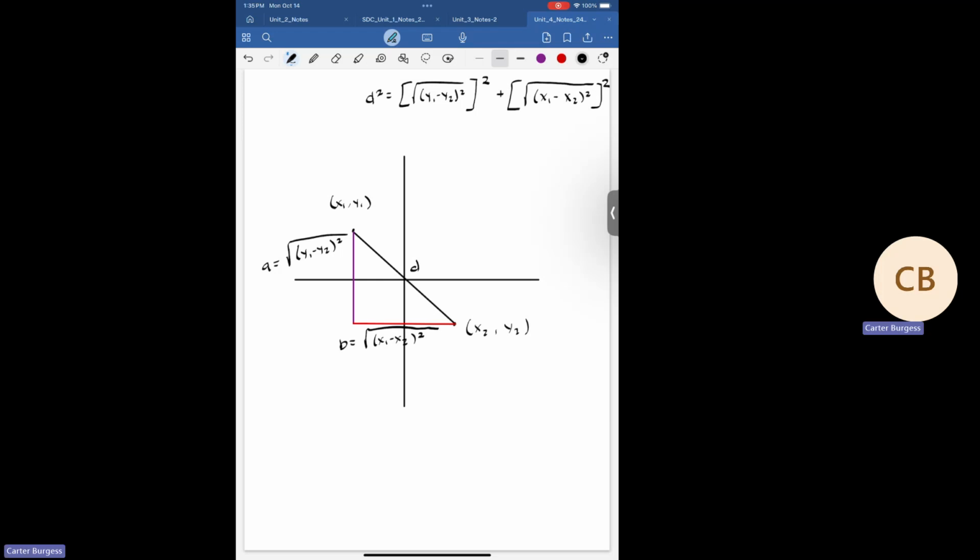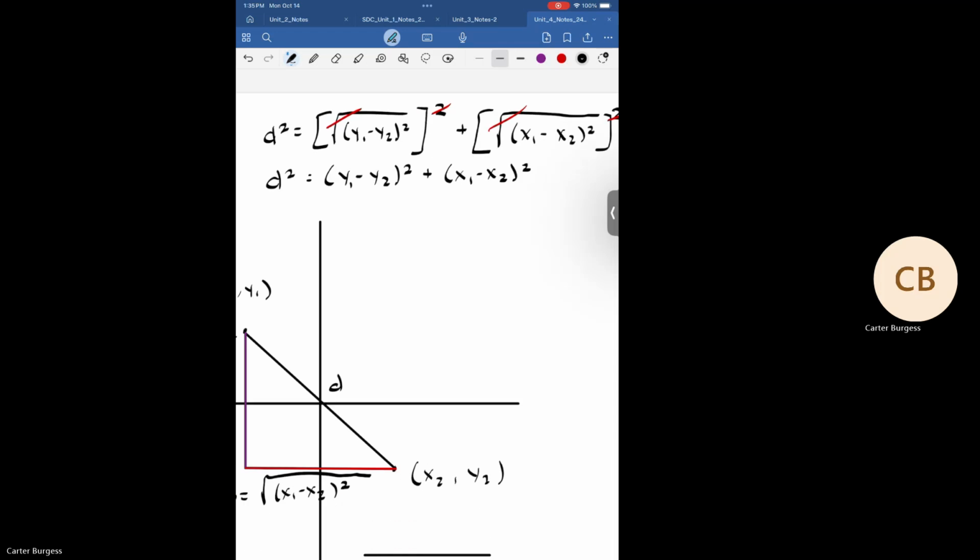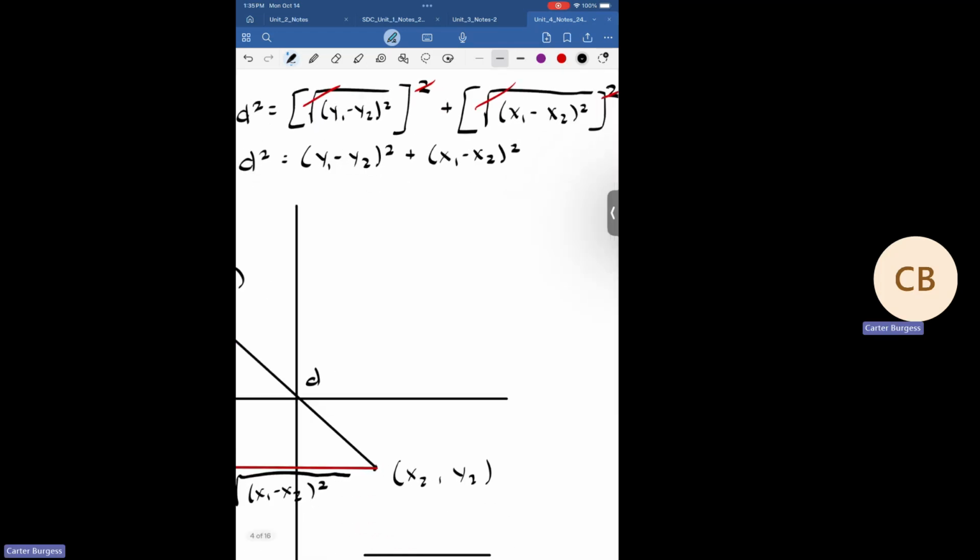Again, looks really, really messy, but the reason why we did exactly what we did is because the square root and the squared cancel very, very nicely. And we end up with, for our distance formula, that the distance squared, c squared, is going to be our y displacement squared plus our x displacement squared.